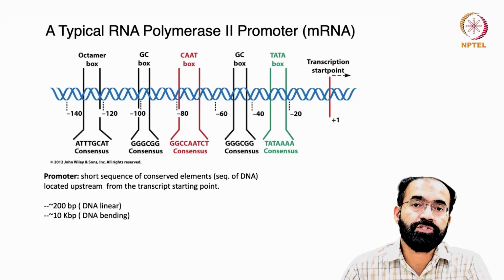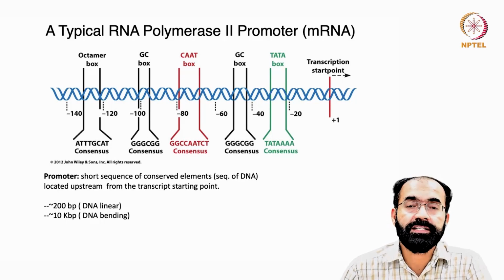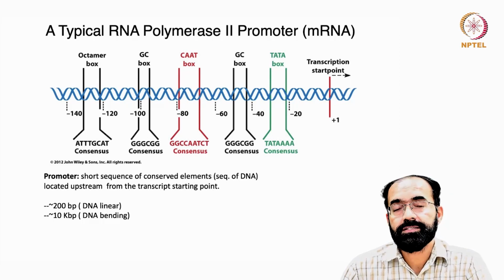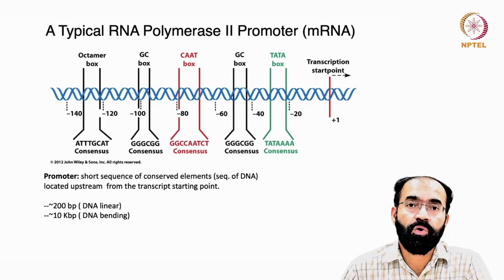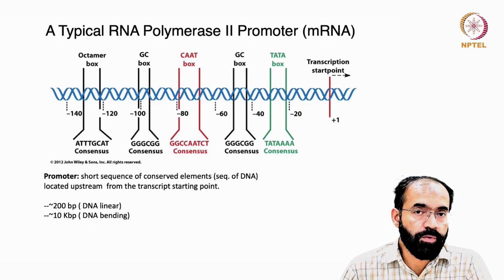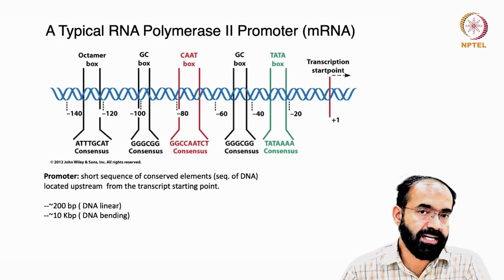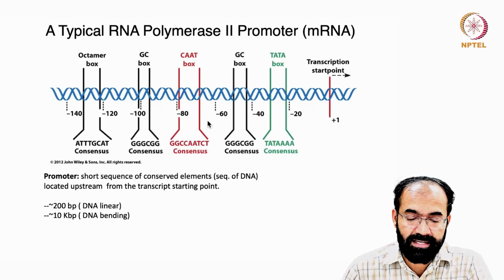So RNA polymerase 2, being the polymerase that transcribes genes encoding mRNAs, its study and its regulation becomes more important than polymerase 1 and polymerase 3. In a cell there is a group of proteins called specific transcription factors or tissue specific transcription factors that determine where a polymerase 2 should bind and start its transcription.